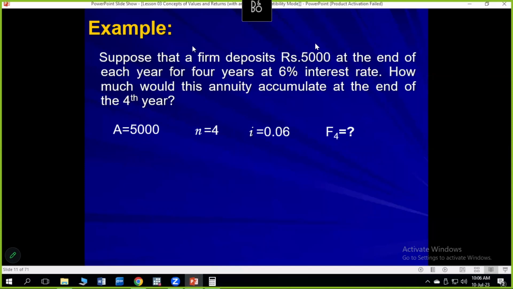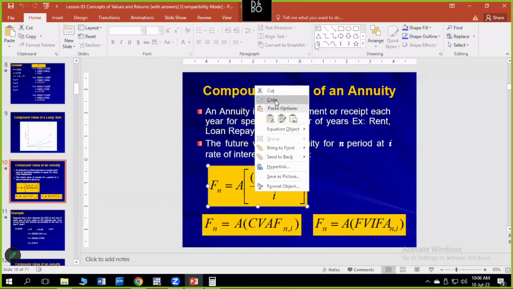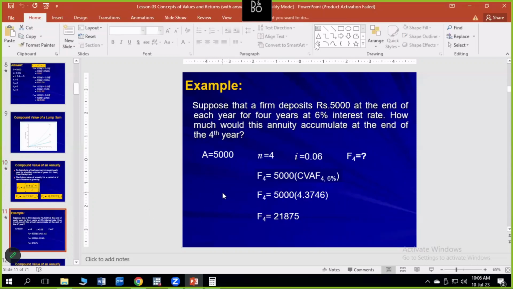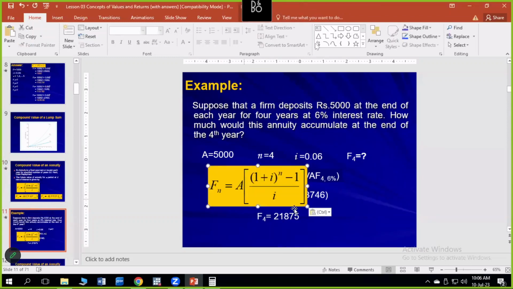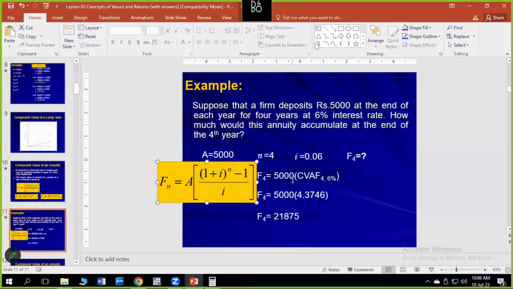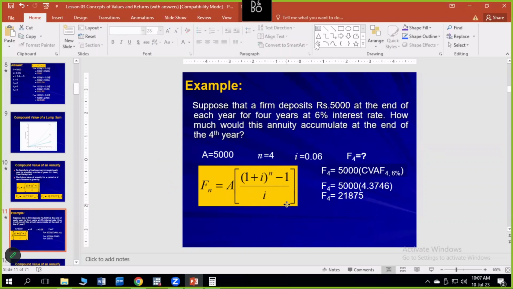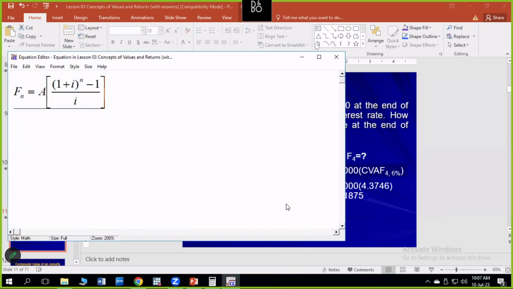So what you want to do is write this formula and do the substitutions.